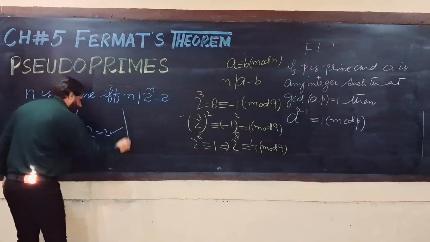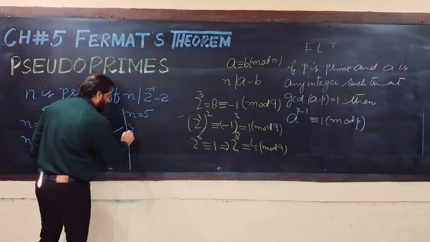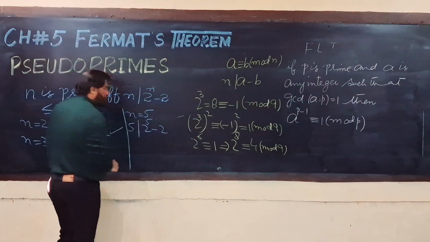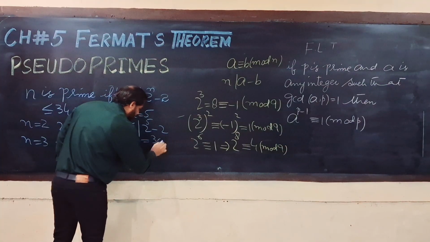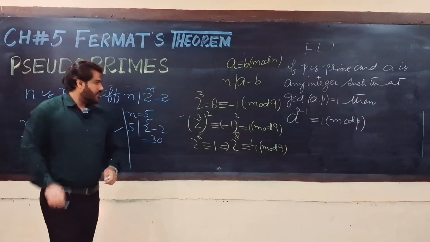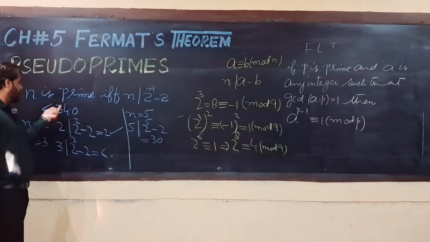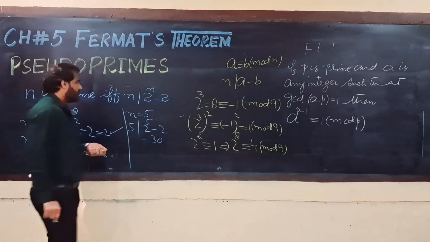If you take n equal to 5, 5 divides 2 raised to power 5 minus 2. 2 raised to power 5 is 32, 32 minus 2 is 30, and 30 is divisible by 5. So their claim is true for all integers less than or equal to 340.